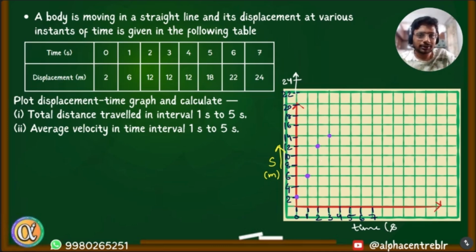Are you sure? No, the third second says 12, right? So here only. And then for the fourth second, that's also 12. Then 18, so we go higher here. And then sixth second, 22, so we go further higher. And then seventh second, it is 24. So here. So this is how it looks like.